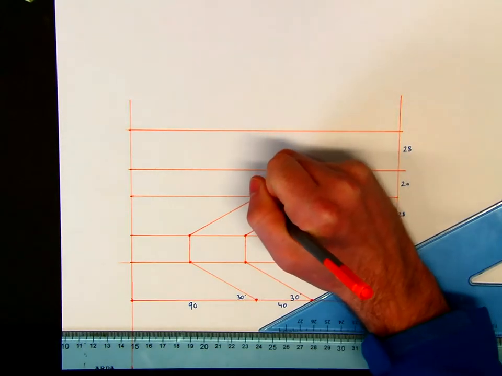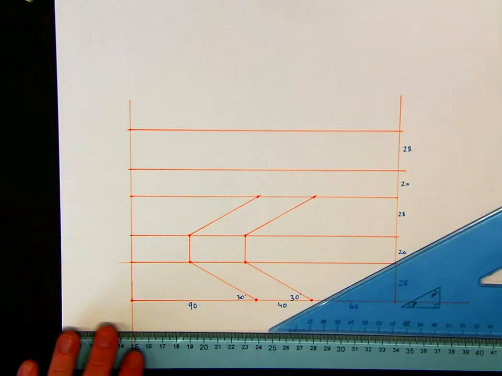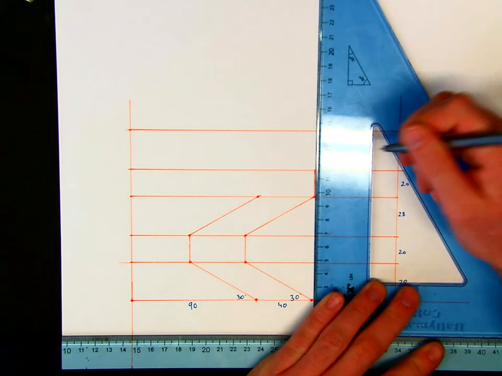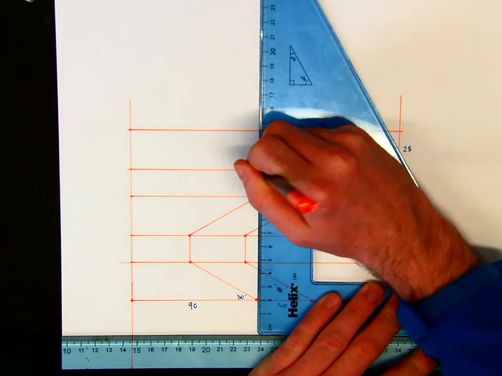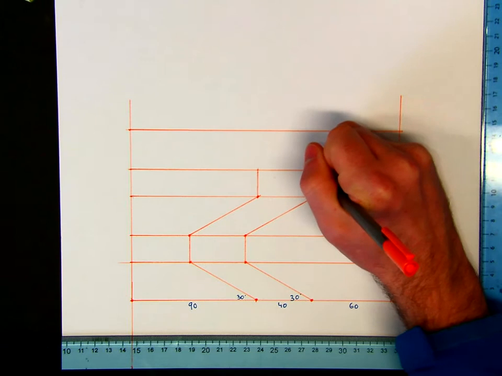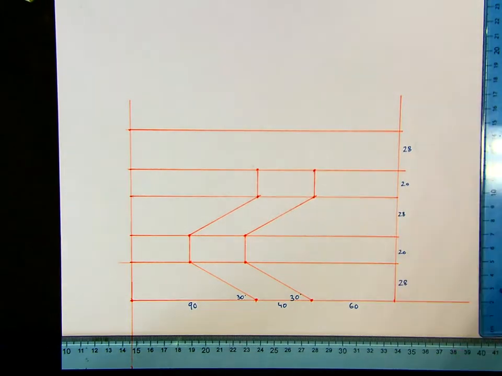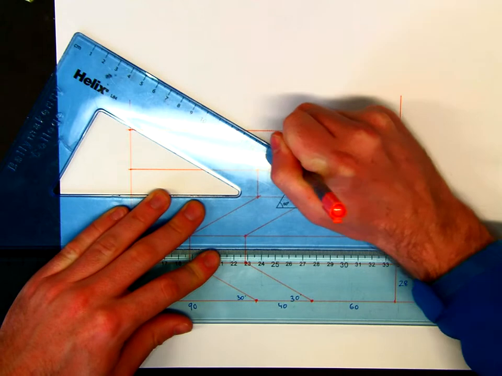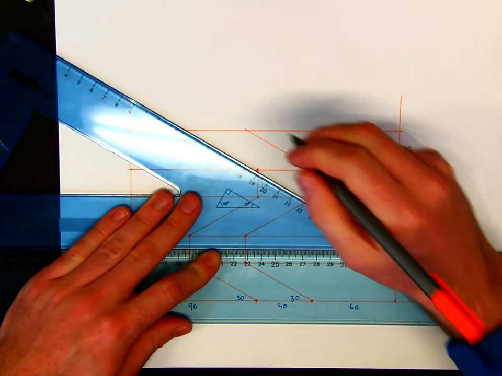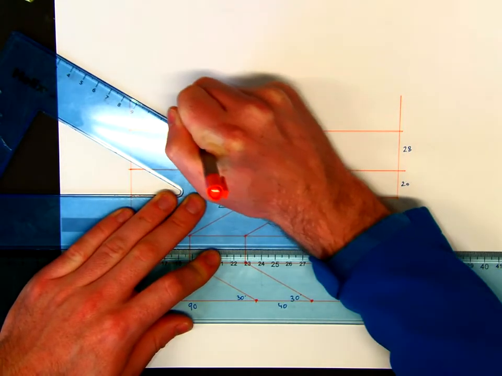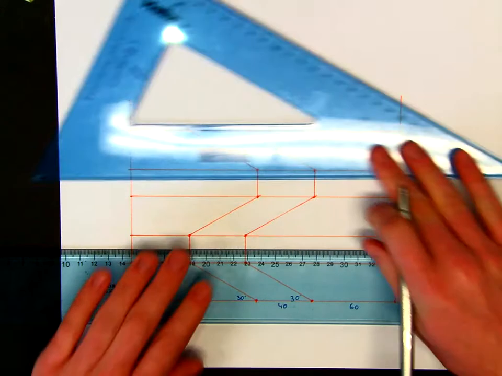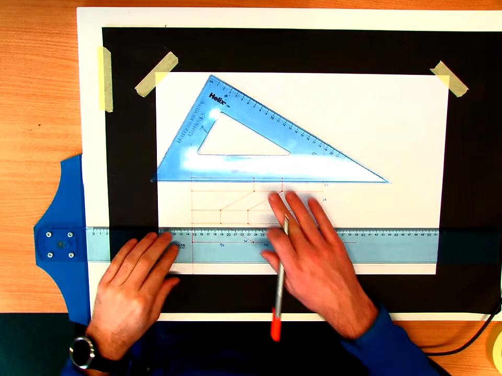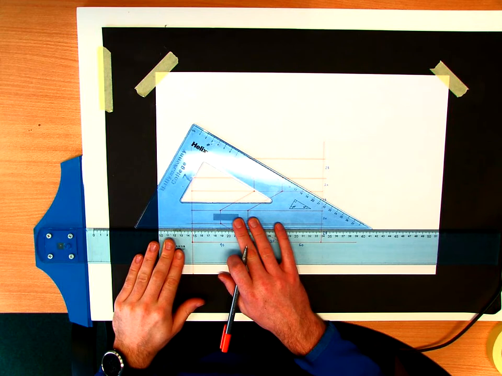Mark those 2 points and bring them straight up. Mark those 2 points, and for the last time, you have to bring these two 30 degrees up to the left-hand side. So when you're using that 30 degrees, the most important thing is that your T-square is pulled in as tight as it can go, and that your set square is sitting on your T-square like that.